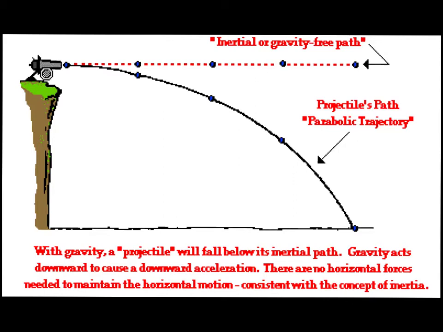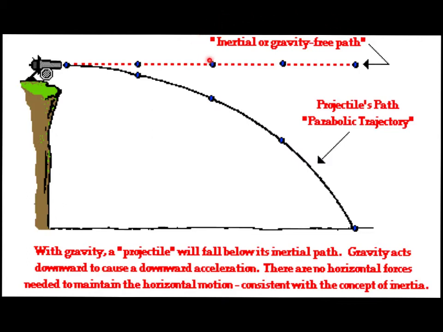The next thing we're going to do is create a diagram or a picture of all of the things that we just talked about in our equations. So this picture shows a projectile being launched horizontally off a cliff. You can see that there are two different paths pictured here.